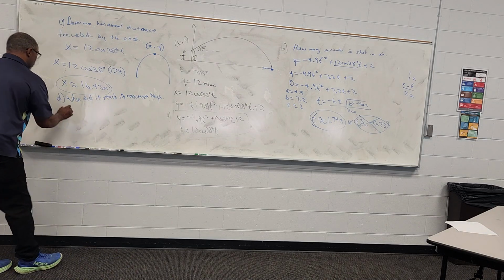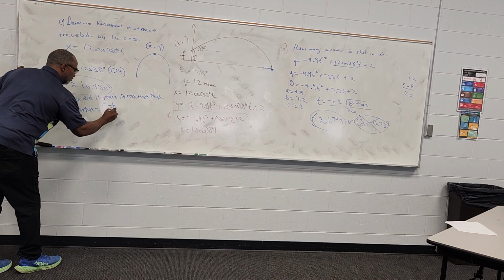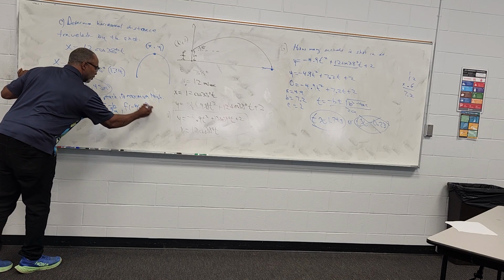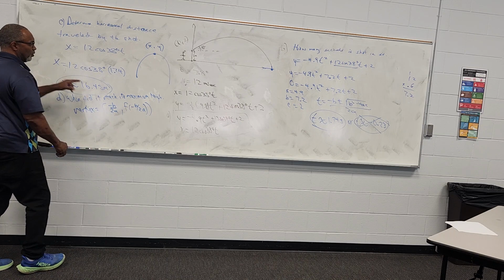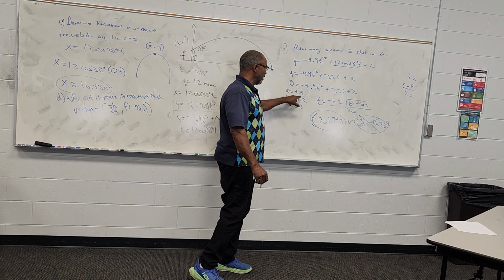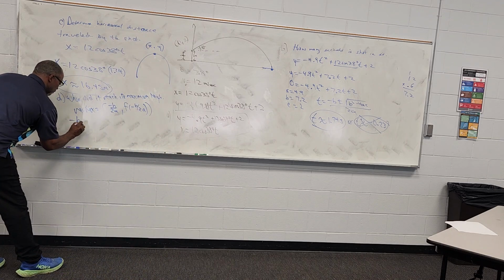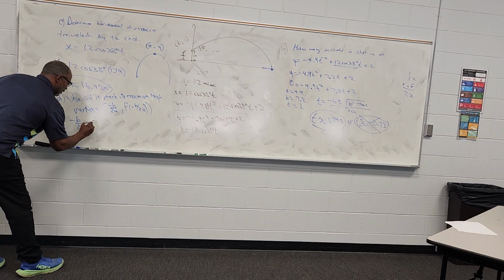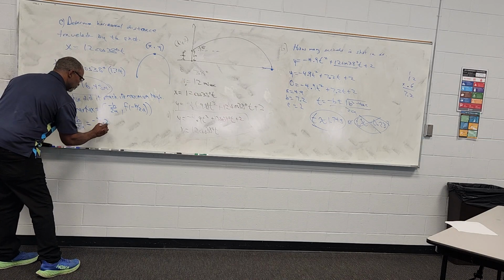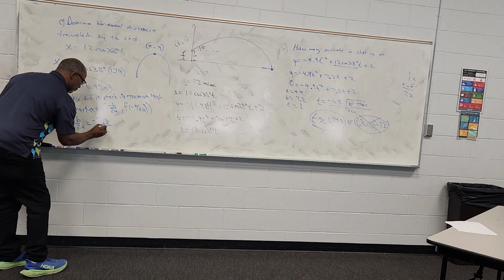And if you recall, to find the vertex of a parabola, it's negative b over 2a, comma f of negative b over 2a. So the a, b, and c are still these things. Negative b over 2a would be negative b, but b was 7.2, over 2 times a, but a was 4.9.